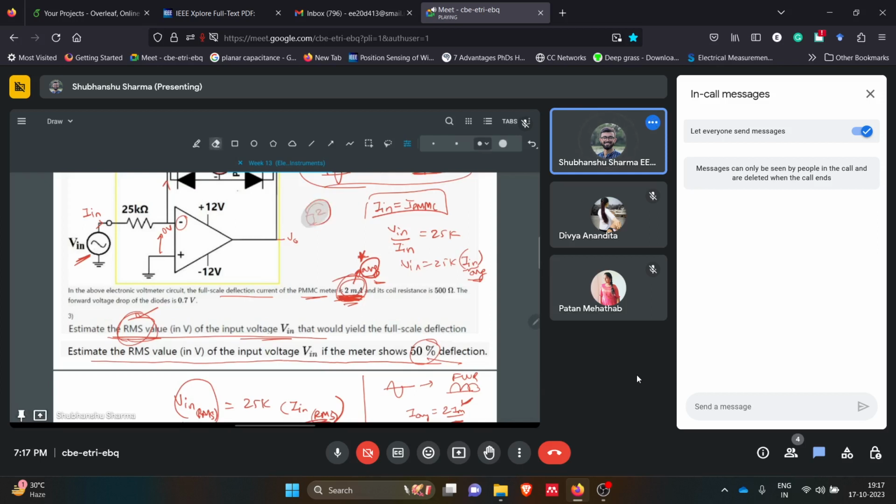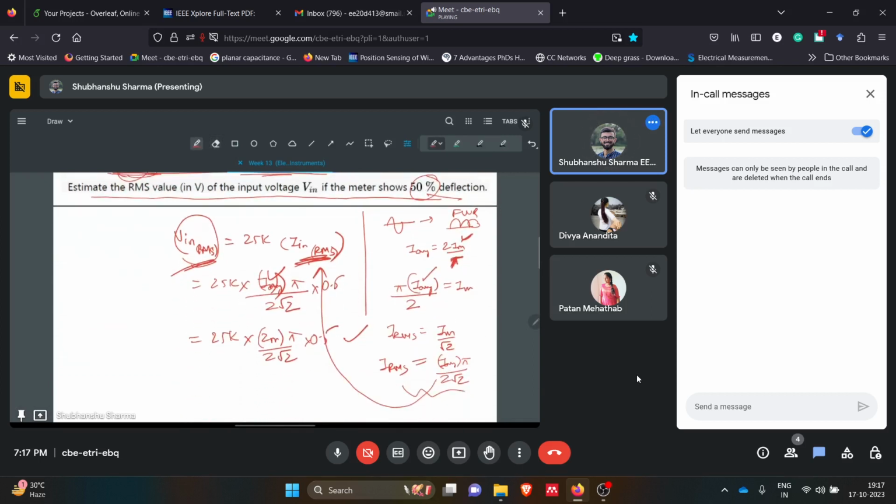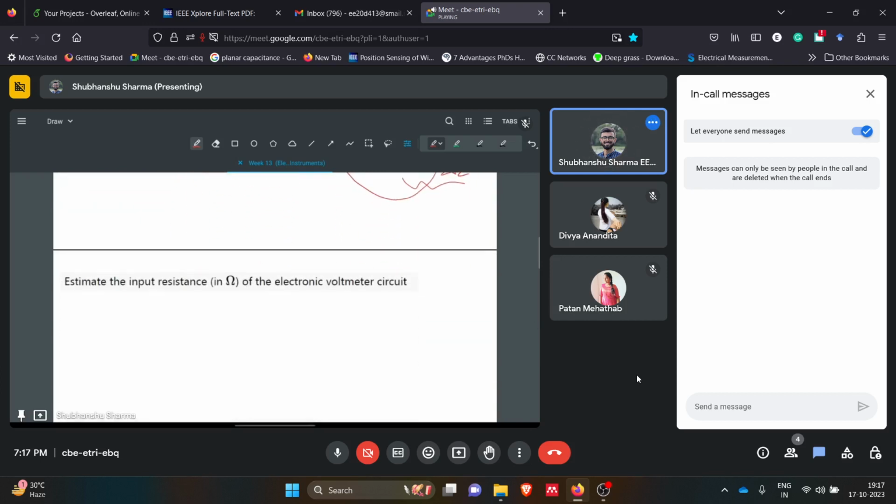Okay, don't mix both of those. Leave that, and just focus on this. For 50% deflection, you have to multiply the average current by 0.5; the average current will reduce by a factor of 0.5.